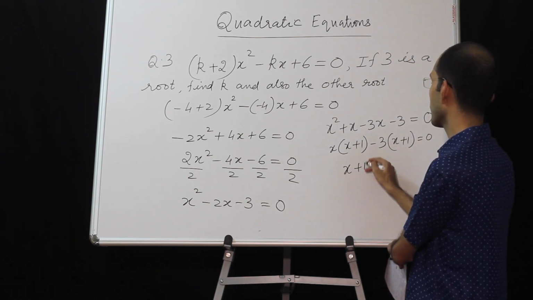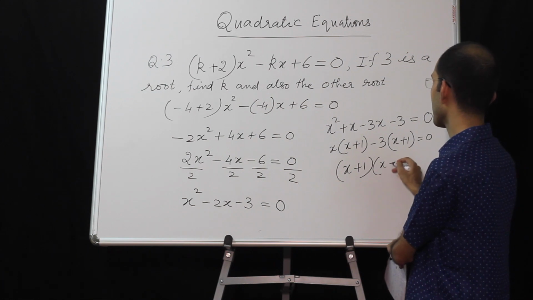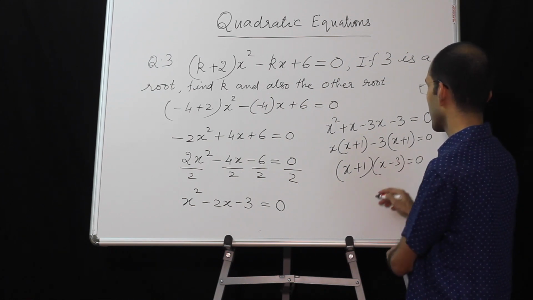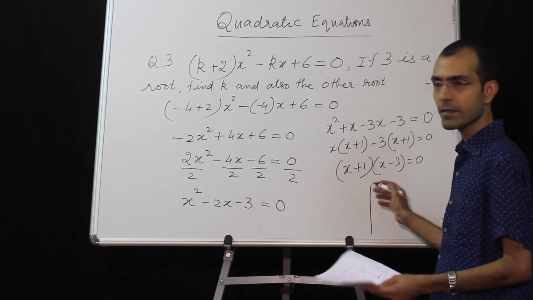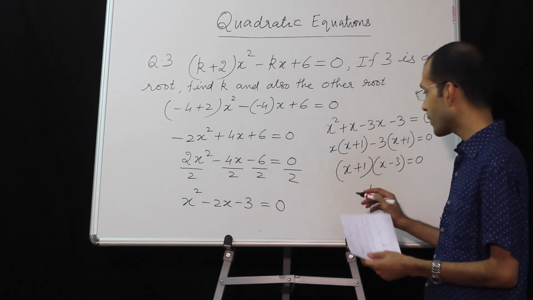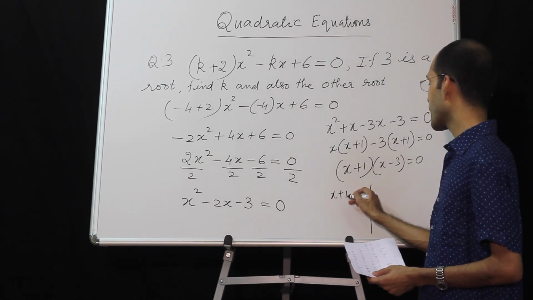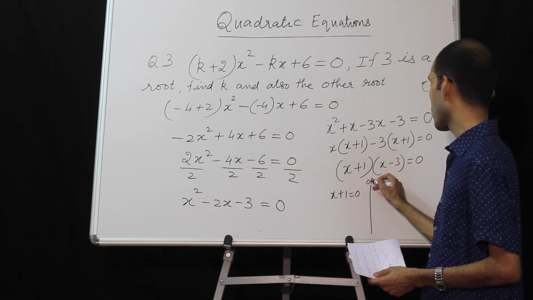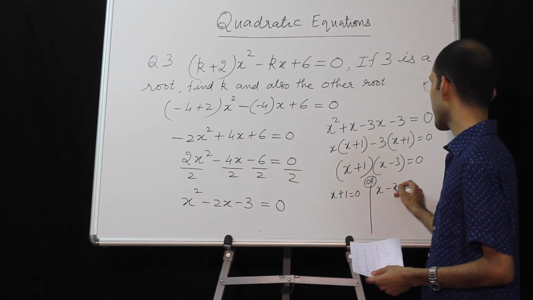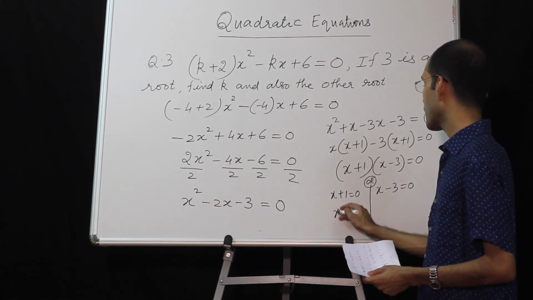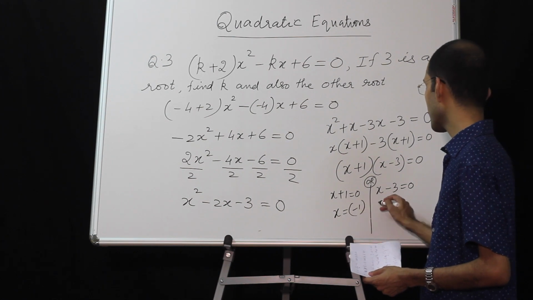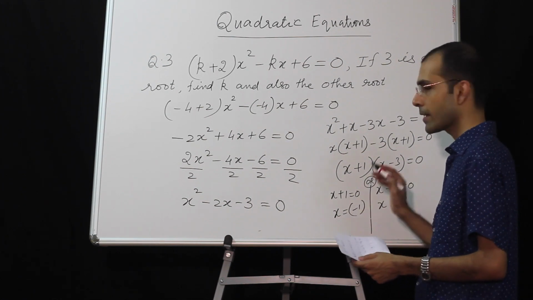So x plus 1 into x minus 3 is 0. Same as before, product of two numbers is 0, so either of them will be 0. So x plus 1 is 0, or x minus 3 is 0. x is minus 1 or x is 3.